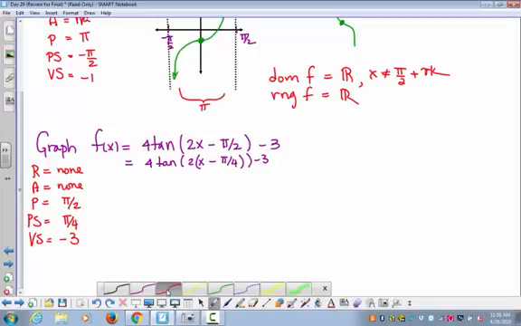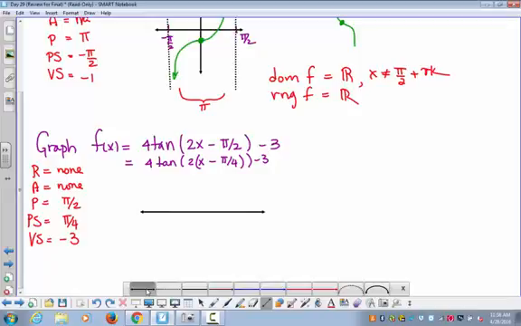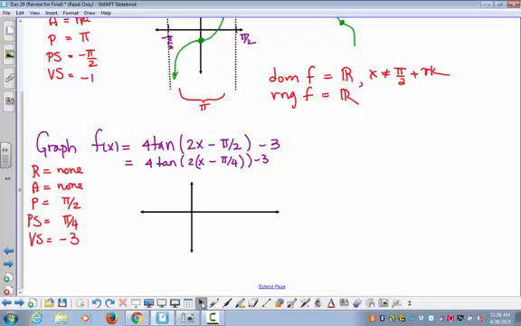Okay, so here is the funny part. The phase shift is at pi over 4. So I'm going to subdivide this. That's pi over 4. That's pi over 2.